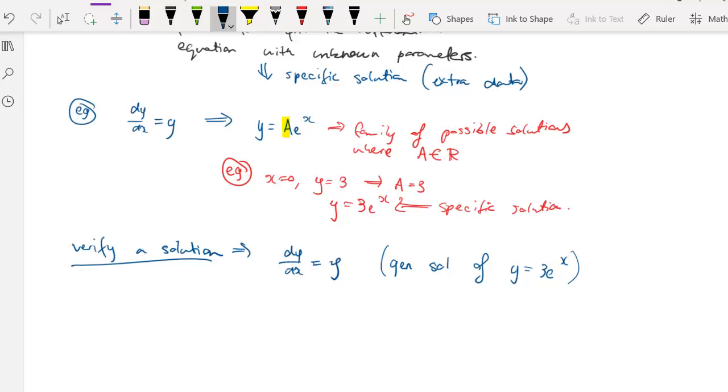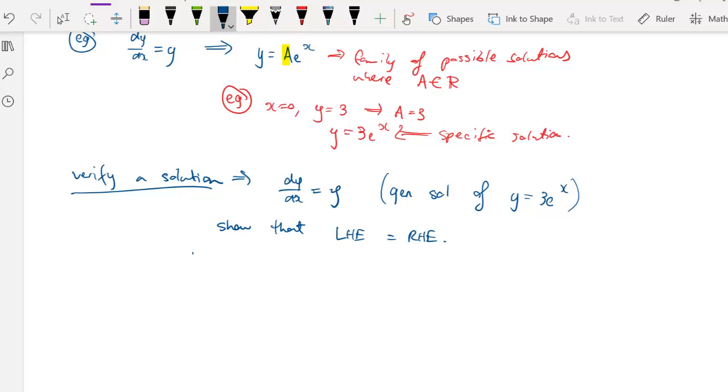If we're able to show that this is true for this scenario, then we can verify that. And so really it's just a left-hand side, right-hand side approach. We want to show that the left-hand side is equal to the right-hand side.